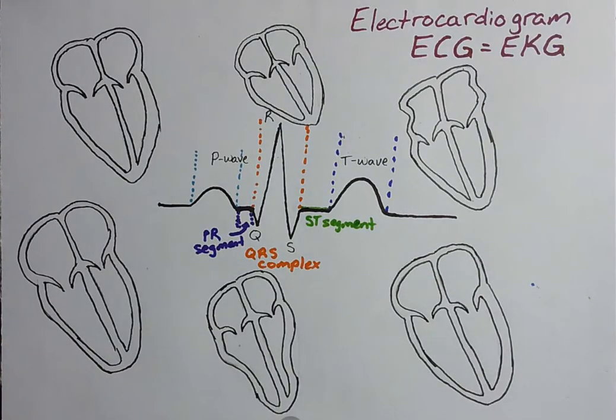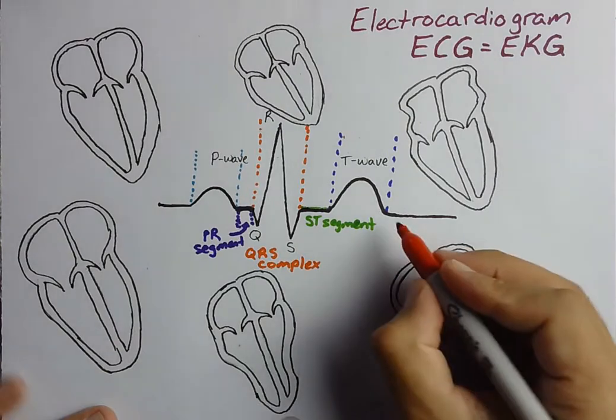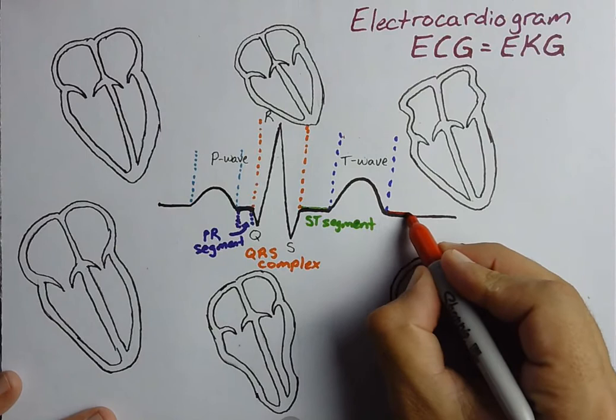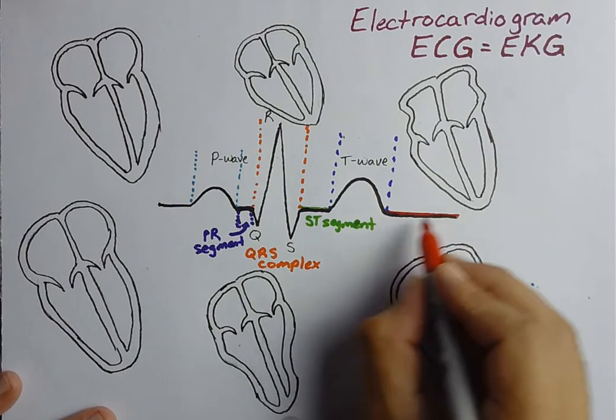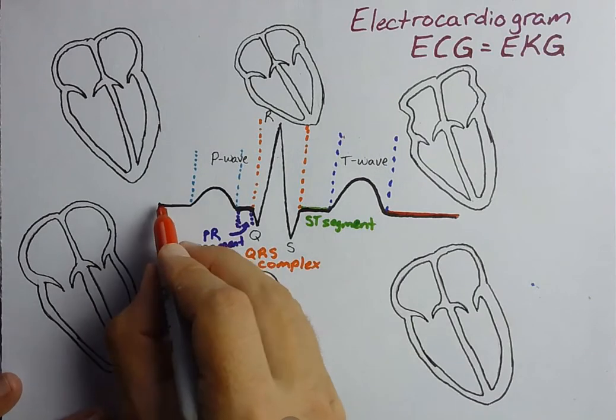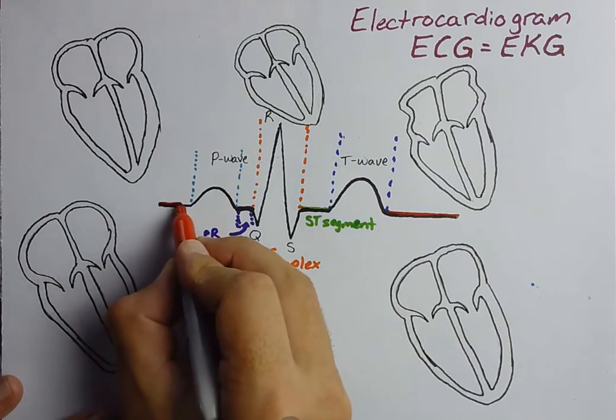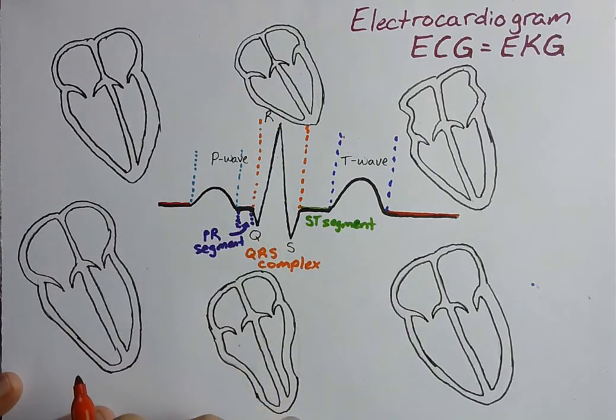So one more place that we haven't looked at yet is this big, long, flat portion here. As I mentioned earlier, we're just going to continue this until it reaches the next P wave. So it's also that portion of the curve there.